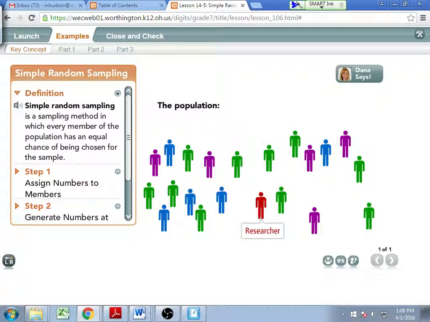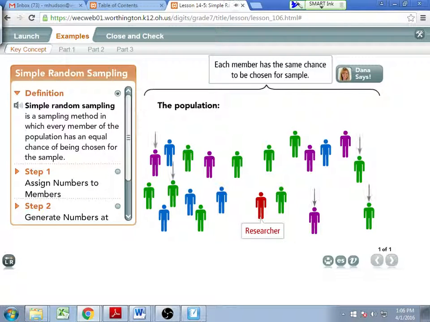But how we like to talk about it is a sampling method where each member has the same chance to be chosen for the sample. The biggest thing that we care about is equal chances. We want everyone to have the same probability.